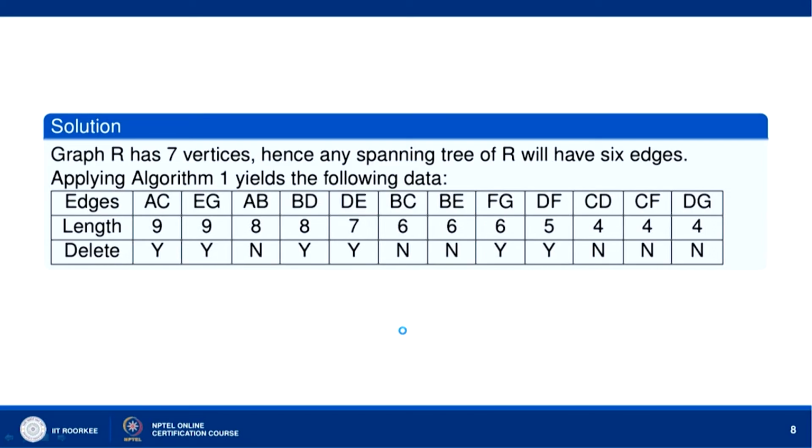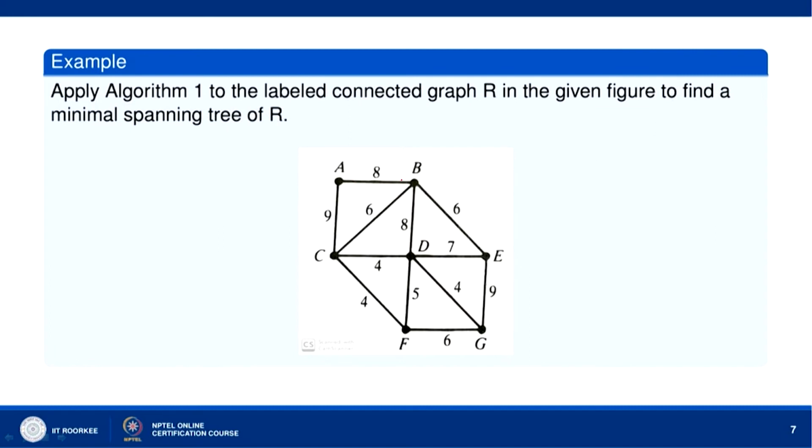So, we have this table, okay. AC with 9, EG 9, AB 8, BD 8, ED 7, BC 6, BE 6, EF 6, DF 5, CD 4, CF 4, DG 4. Okay. And now we are given the graph R with 7 vertices, A, B, C, D, E, F, G, 7 vertices are there.